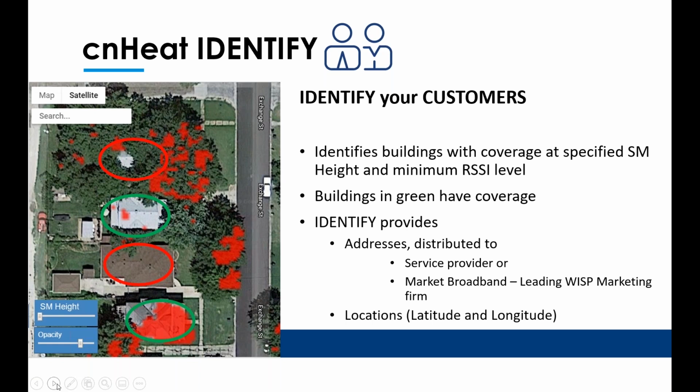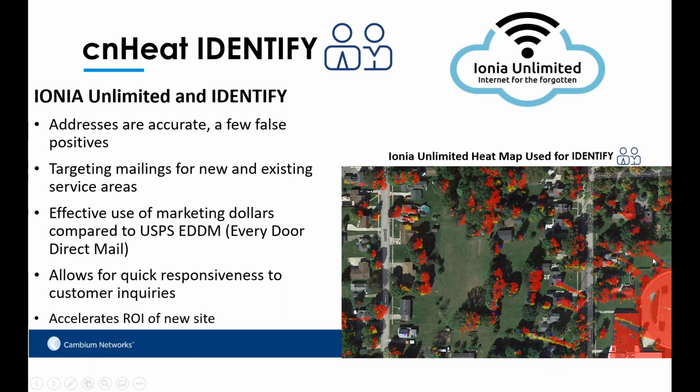And with the addresses, we can do one of two things for you. If you want to self-market the addresses yourself, we'll send the addresses to you and you can market with them. Or if you don't want to have the marketing functionality within your own business and you want to outsource it, we can provide it to a leading WISP marketing firm, which is Market Broadband. So now let's go to the next slide.